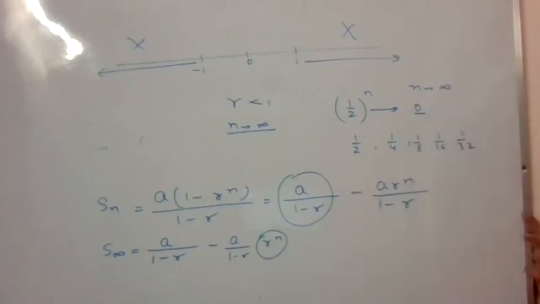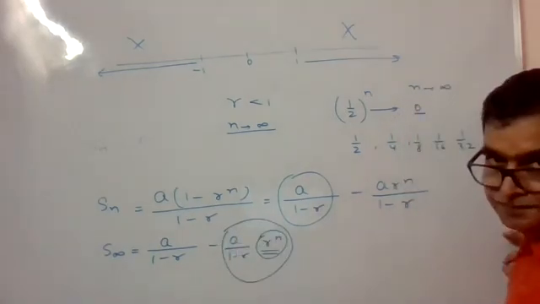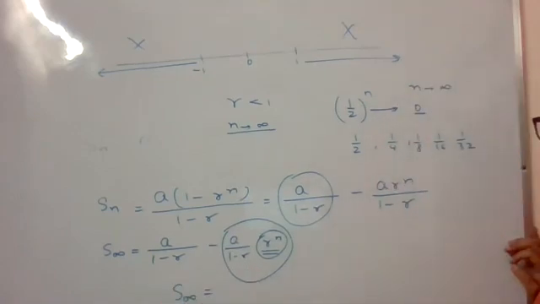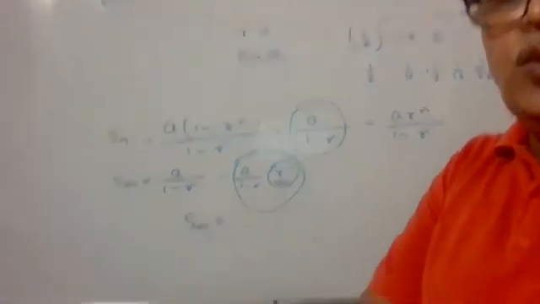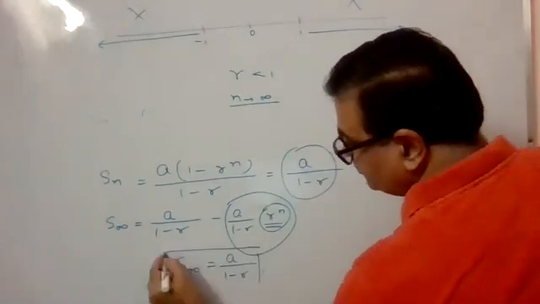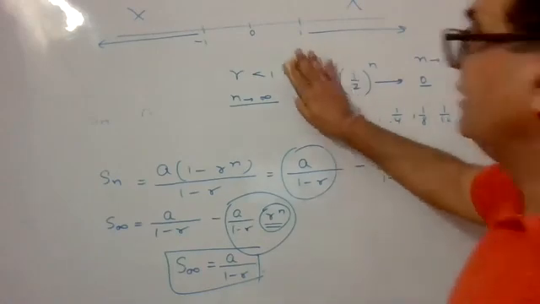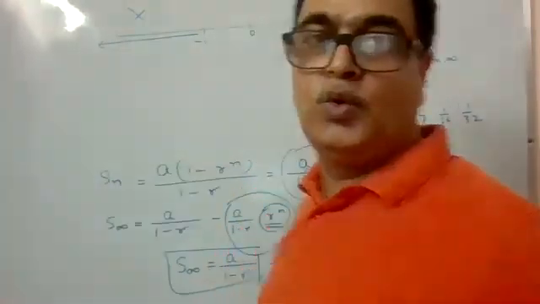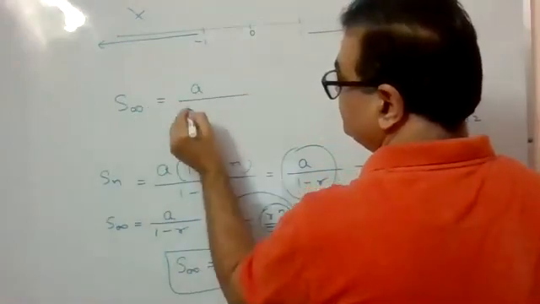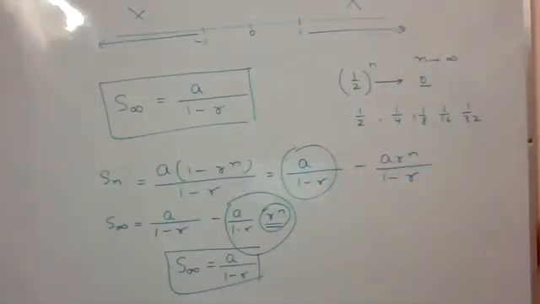और अगर ये पार्ट आपका 0 की तरफ जा रहा है, तो ये अगर 0 हुआ तो ये पूरा पार्ट हमारा 0 काउंट होगा. And if you have this, then we will say directly the formula of sum of infinite GP is A over 1 minus R. So now whenever they ask sum of infinite GP, the formula you should remember is A over 1 minus R. This is the sum of infinite GP we have.